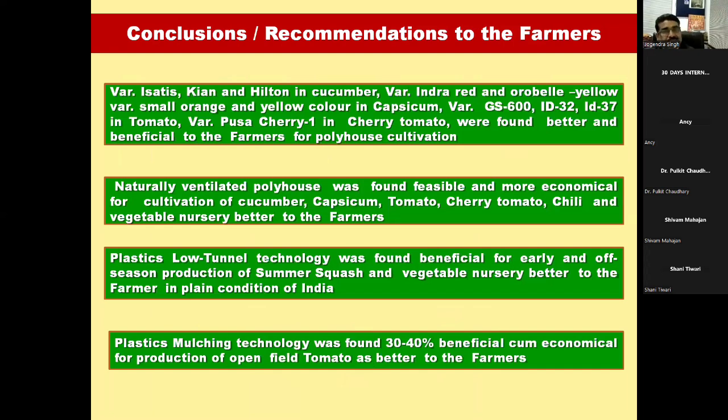The naturally ventilated polyhouse is more beneficial for all vegetable crops for the weaker section and small farmer. And the plastic low tunnel was found beneficial for early and off-season production of summer squash. Plastic mulch technology was found 30 to 40% beneficial and more economical in production, and open field tomato is better for the farmer.